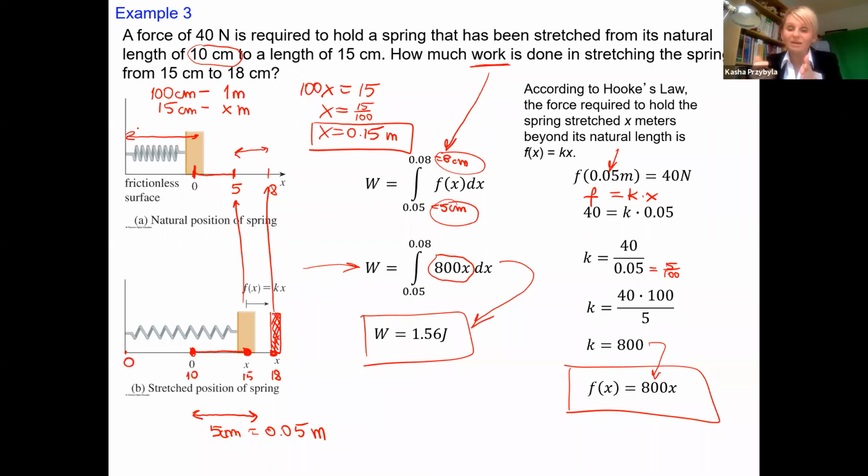Yeah, makes sense. That means 10 could be 20, could be 50, depending on the size of the spring. But 10 is just information, we're not using it in this calculation. It's 0. And then we're stretching 5 centimeters, and then to 8, from 5 to 8. I hope this makes sense.